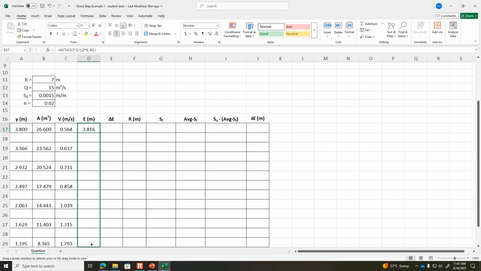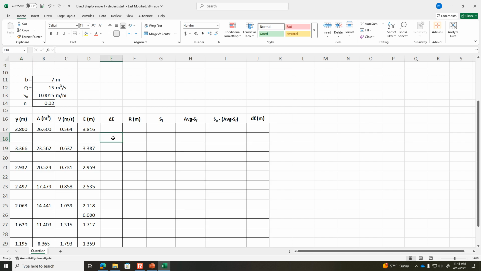If you drag it down, then you're going to have to delete all of these locations in between. I'll show you in a minute why we've got this empty gap row. Actually, I'll show you right now. It's because we're calculating a delta E between them. Remember, we want to find out what's happening at the midpoint between where the depth is upstream 3.8 meters at one location and 3.366 at the other.